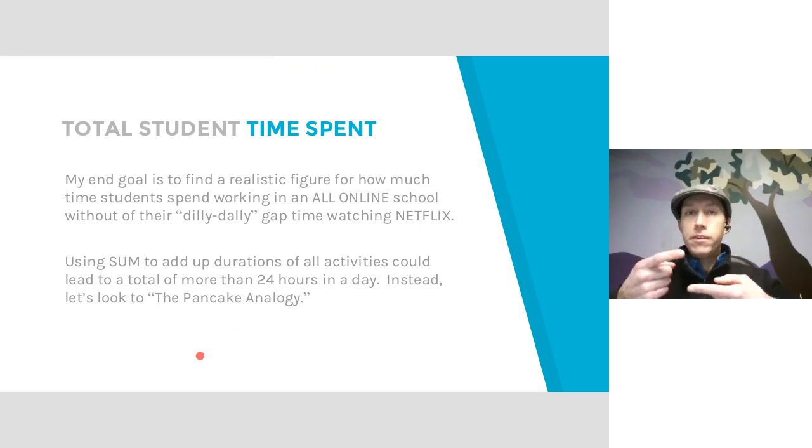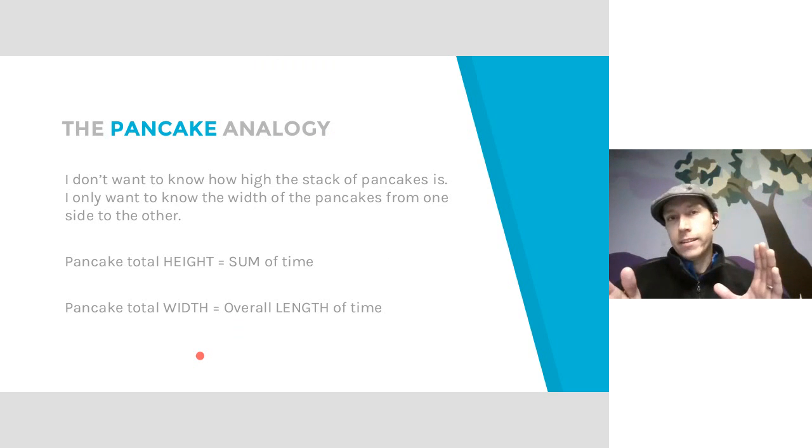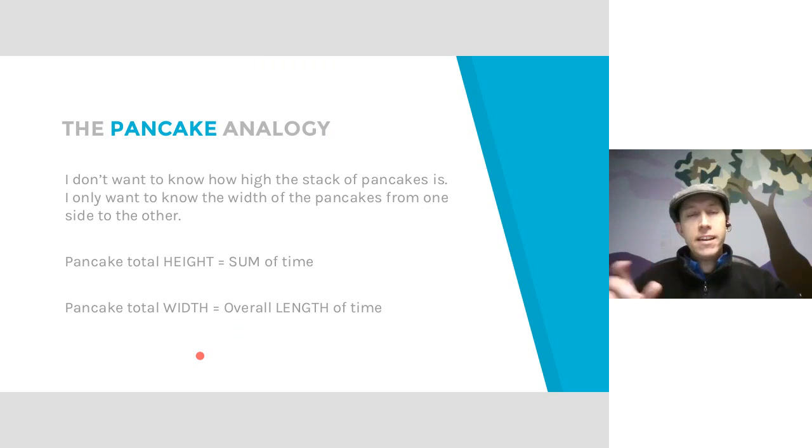So really, we just want to overlap all the different time durations that a student spends and get the length of time that a student spends in a course minus any of the gaps in between.